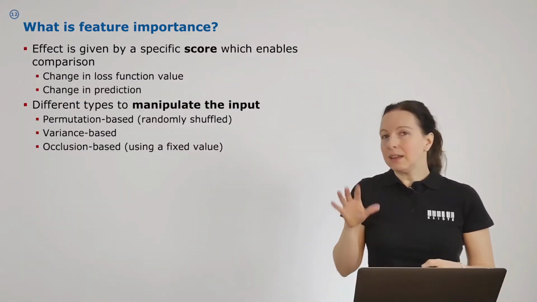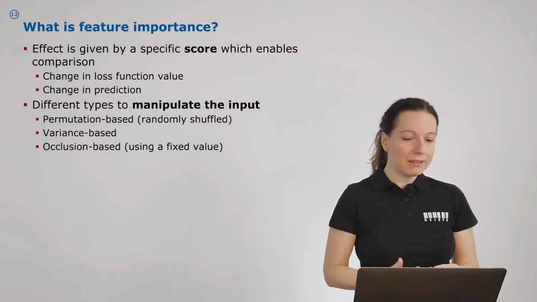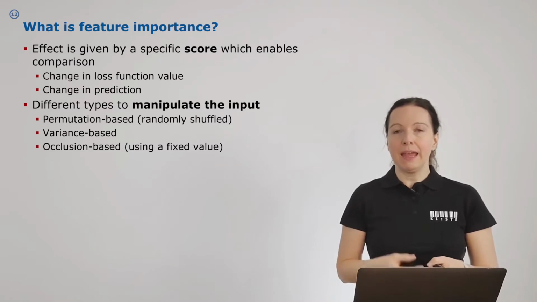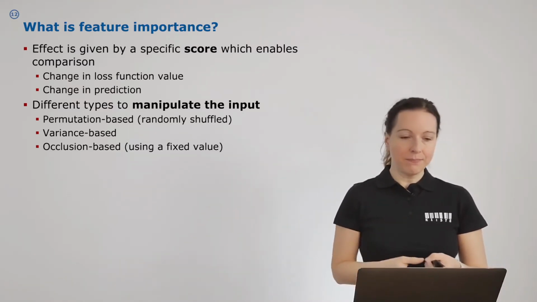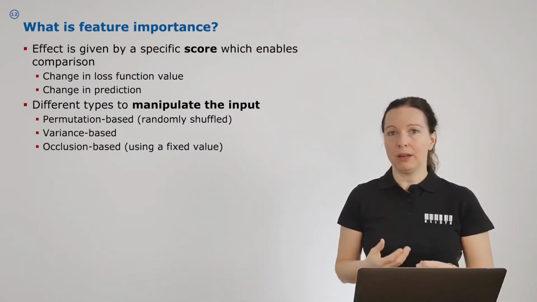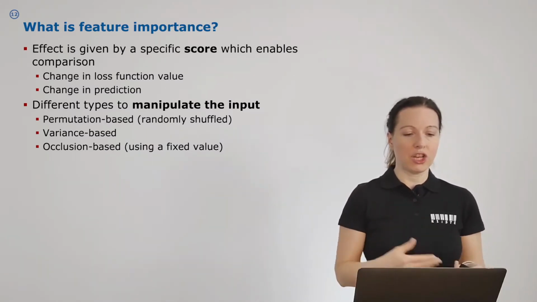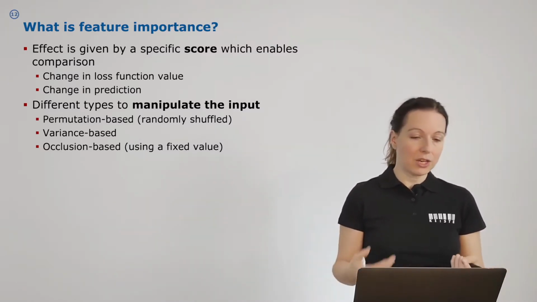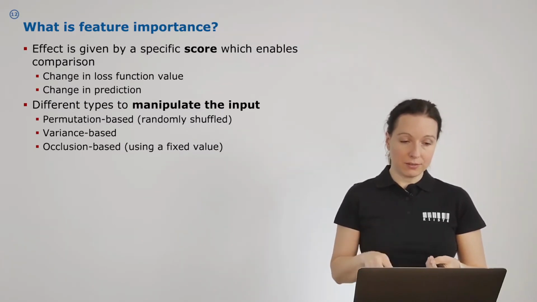So let's get a little bit more specific. I was talking about effect. An effect is given by a specific score, which enables comparison. And it's your decision how you define importance and how you want to calculate the score. One possibility is the change in the loss function value. Another possibility is a change in the prediction. And the difference becomes apparent for classification.